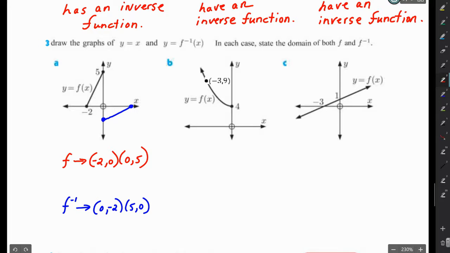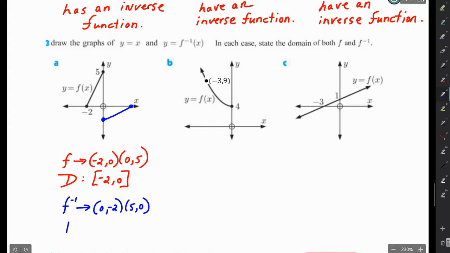All right, now let's examine the domain. The domain of the original function, and remember, domain deals with x values. Our domain starts at -2 and ends at 0. And it includes the values because these circles are filled in. So we're going from -2 to 0.